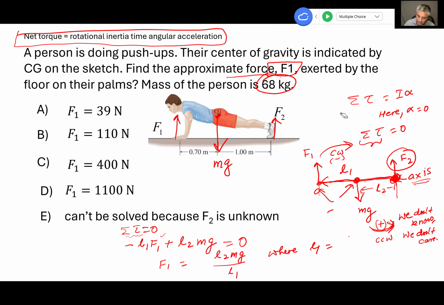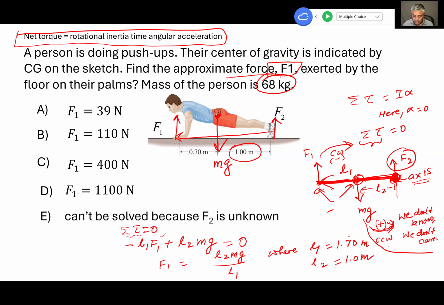L1 is this, based on what we chose, it is all the way. So that means this whole length is 1.70 meters. And L2 is this from feet to the center of gravity. So that is just 1 meter.